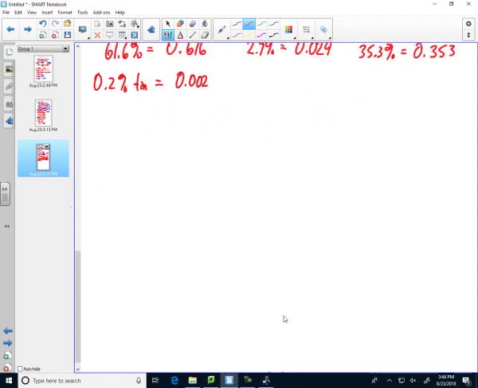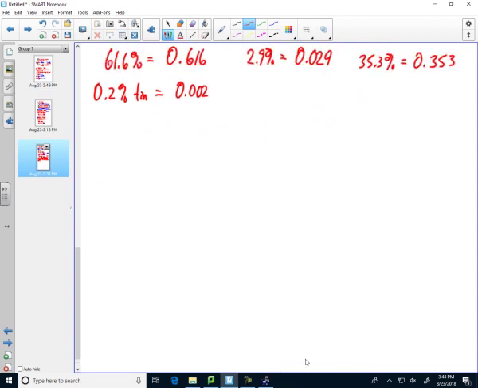You take each one of them and multiply by the 160 pounds then. Right. So for copper, you're going to have 160 pounds times 0.616. I'm going to write them all down, then we'll come back and do them. Lead, 160 pounds times 0.029.